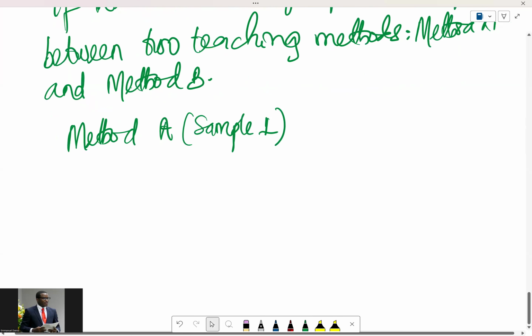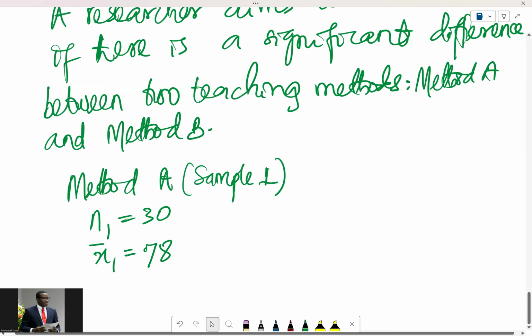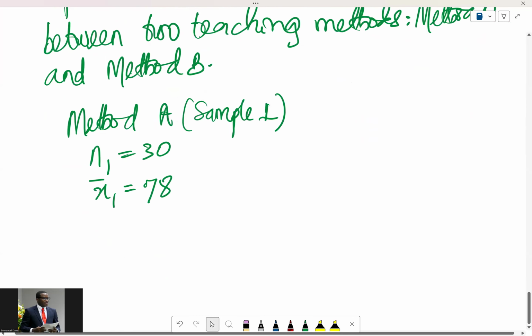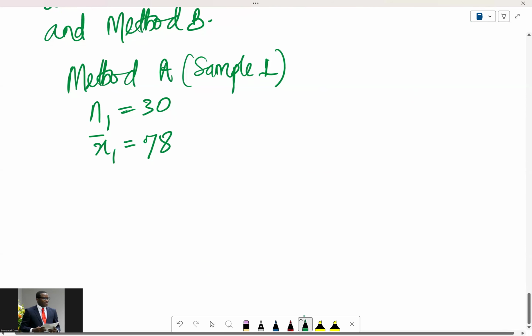For method A, the sample size n1 is equal to 30. The sample mean x1 bar is 78. We are talking about test scores. The population standard deviation for the first sample is 10.